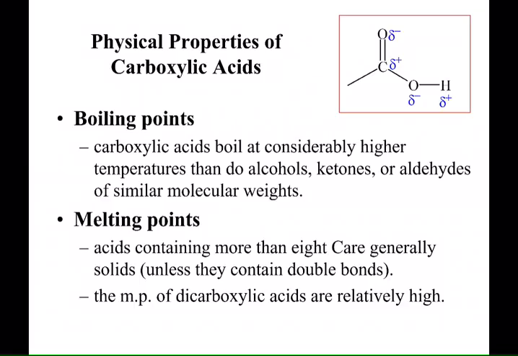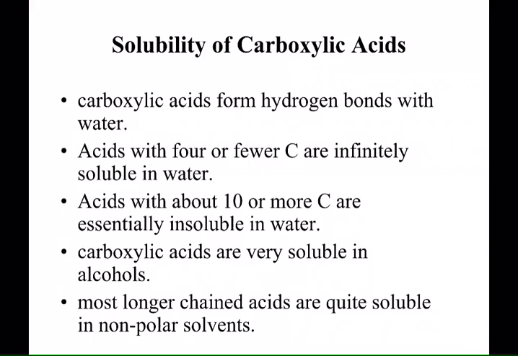So carboxylic acids will have relatively high boiling point temperatures compared to the regular alcohol, which is just an OH, and a ketone, which is just a double bond O. So they have both of them. We'll be talking more about melting point temperatures and intermolecular bonds coming up.